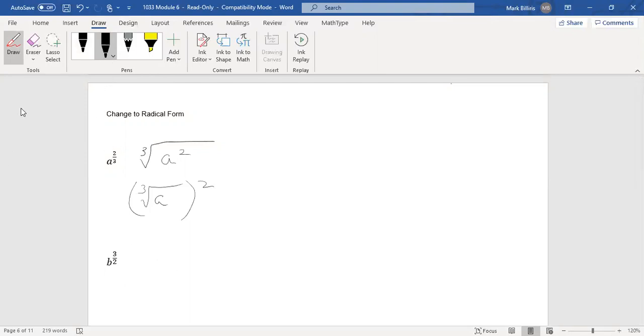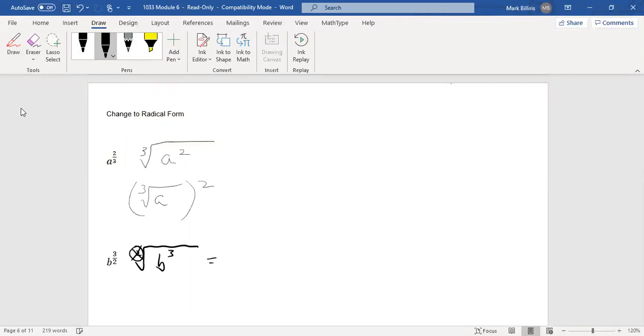So now let's look at the next example. We have b raised to the 3/2 power. So again, our index is a 2, and our base is b, and that's being raised to the 3rd power. But remember, in our answer, when we're talking about square root, we don't show the index, it's understood.